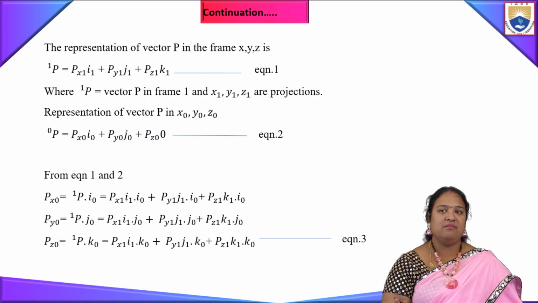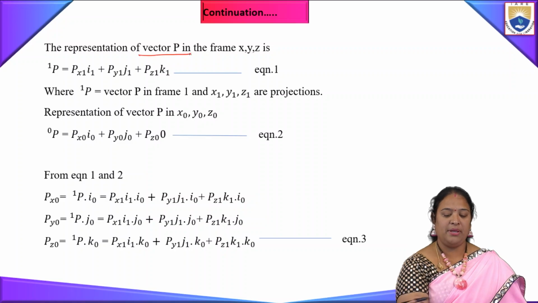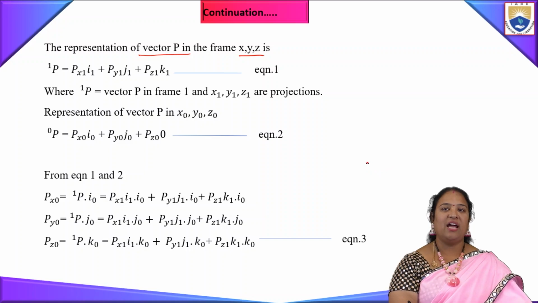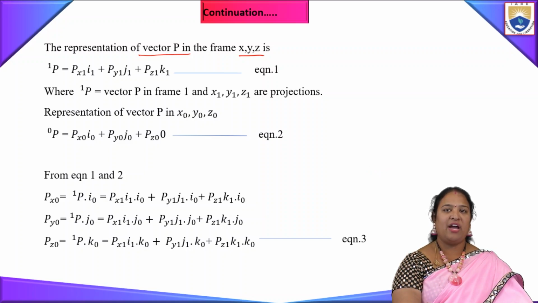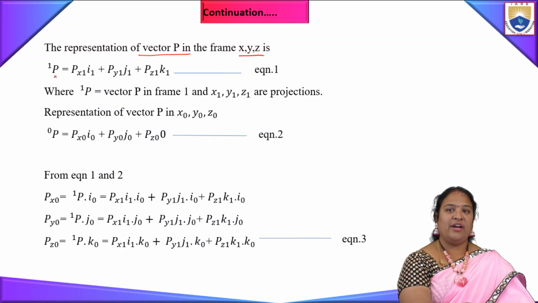Now, when we consider these unit vectors, the representation of the vector p for the frame 1 is written as: the vector p at frame 1 is equal to px1 into unit vector i1 plus py1 into unit vector j1 plus pz1 into unit vector k1.